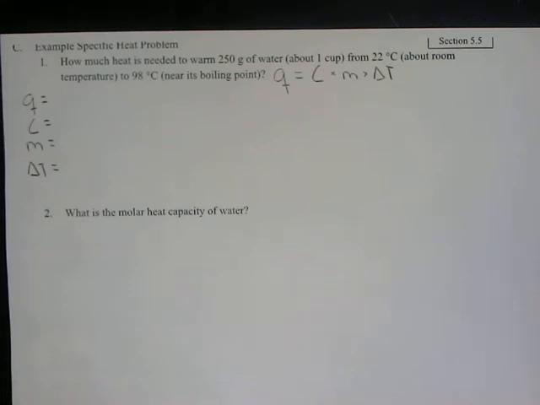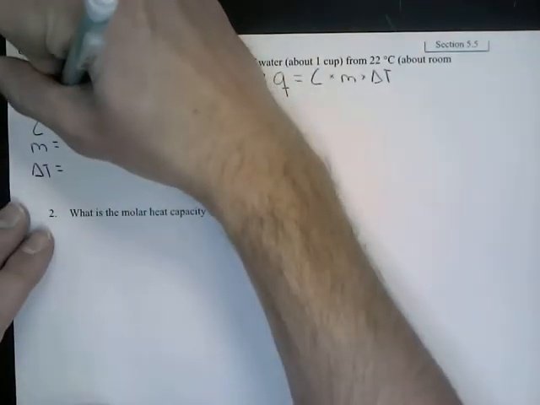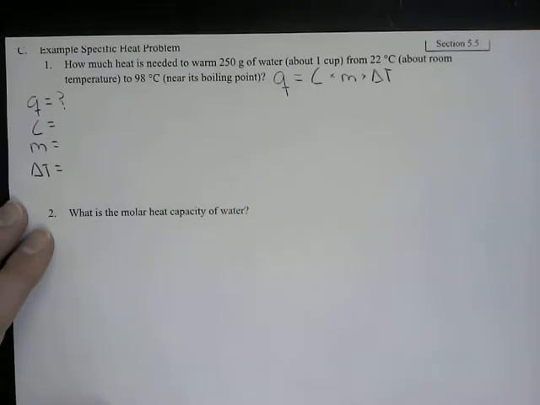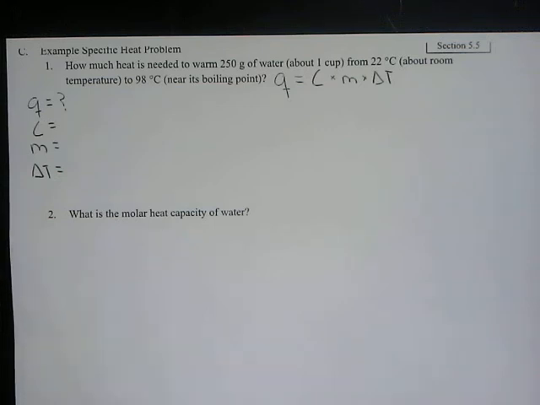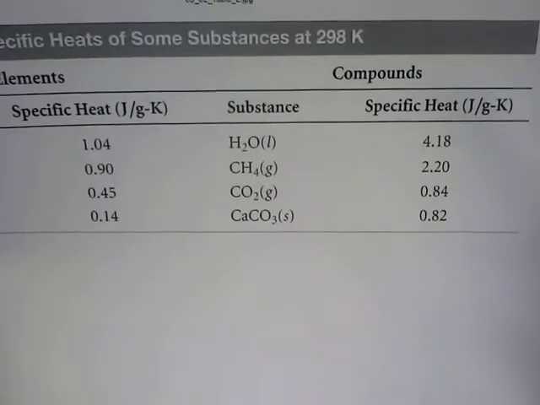All right, so now we are going to read this problem. It says, how much heat is needed to warm 250 grams of water from about 22 degrees Celsius to 98 degrees Celsius, okay? So the question is asking how much heat we need here. So this Q is going to become our question mark. Now, the C, the specific heat, is not given, and so oftentimes we will utilize this chart for our specific heat.